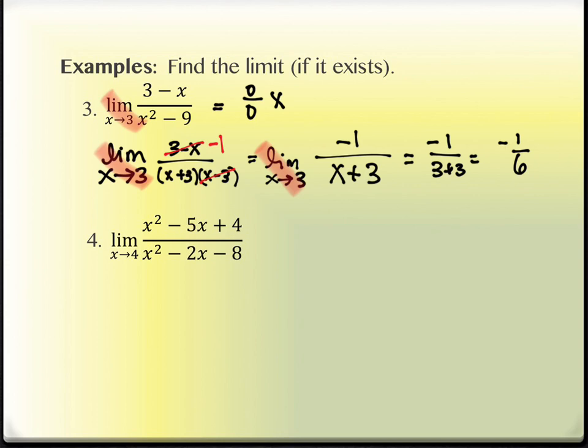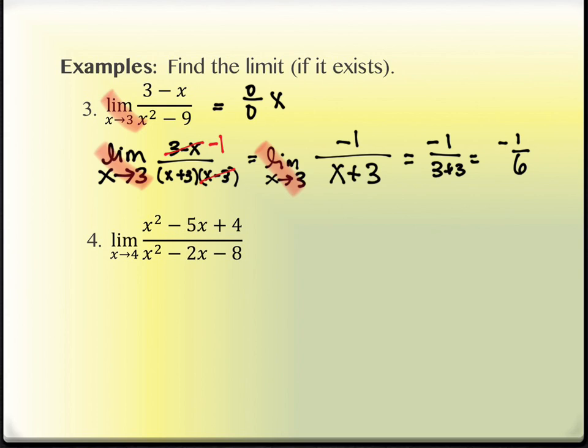Okay, let's look at problem number 4. Just because we see that factoring might be an option doesn't mean you should start there. You really should start and make sure you really need to do it, because sometimes you don't. I mean, you're going to on this one, but I'm just saying, okay?